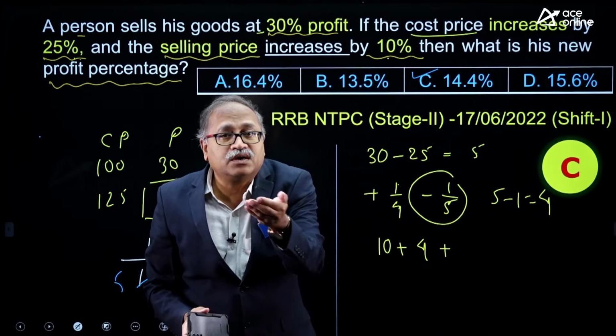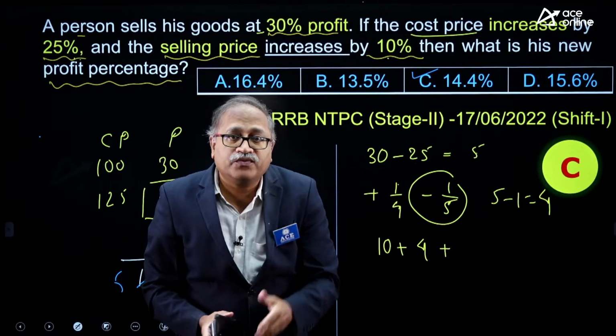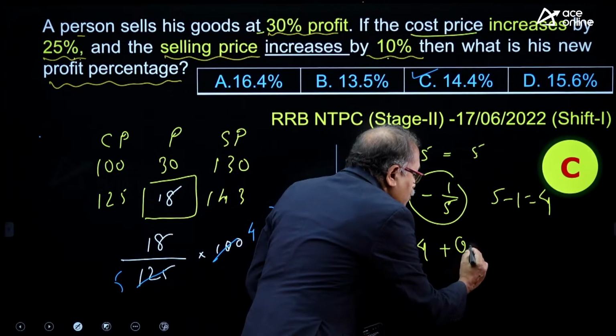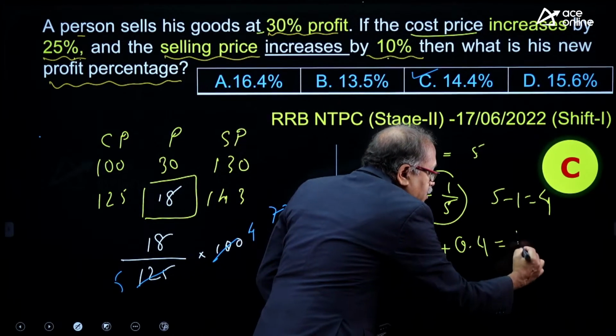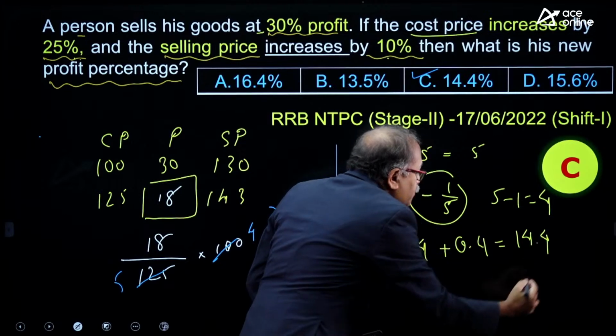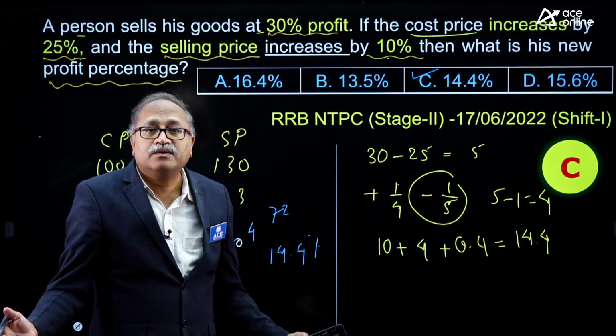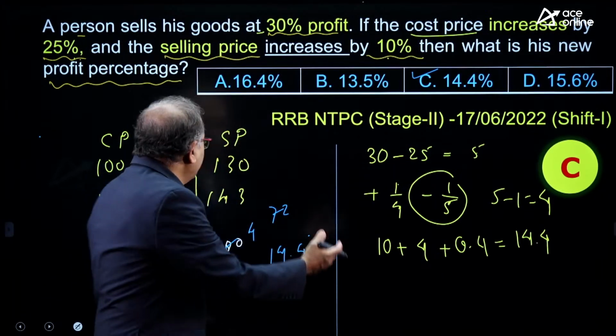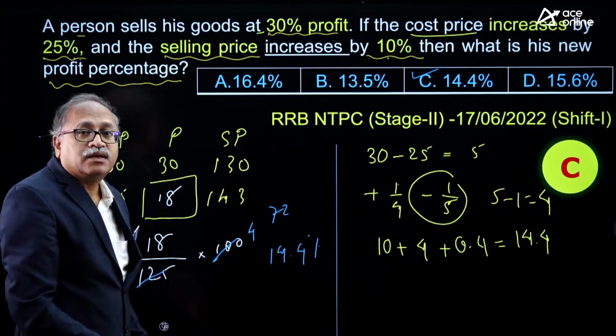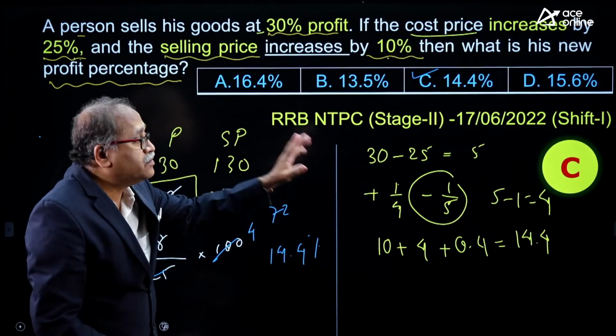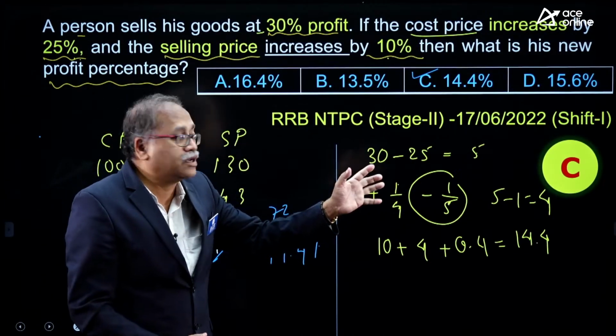What is 10% of 4? 0.4. So plus 0.4, and when you add this, you get 14.4%. That's all. Can you see the difference between this writing and this writing? So we will follow this method if it comes in the examination.